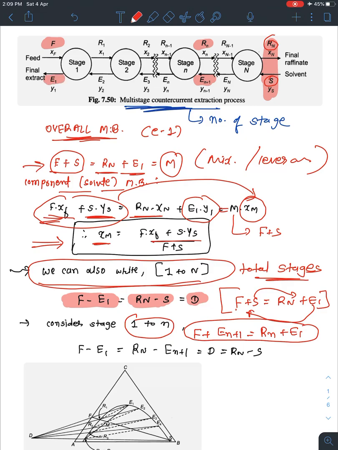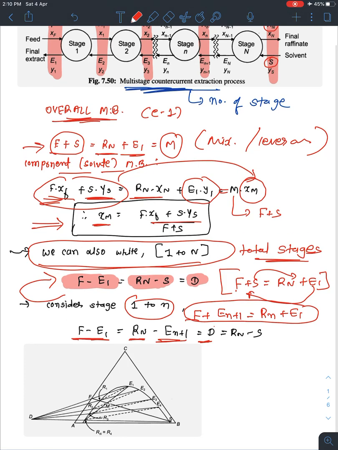Okay, so based on what we did in the previous equation, we can follow a similar method over here: F minus E1 is equal to Rn minus En plus 1, and let's assume this difference is D. So based on all these equations, the difference after all the stages is similar: F minus E1 equal to R1 minus E2 equal to R2 minus E3 equal to Rn minus En plus 1 equal to Rn minus S. So the difference in feed and extract, or raffinate and extract, is similar, and we can indicate it with this D point.